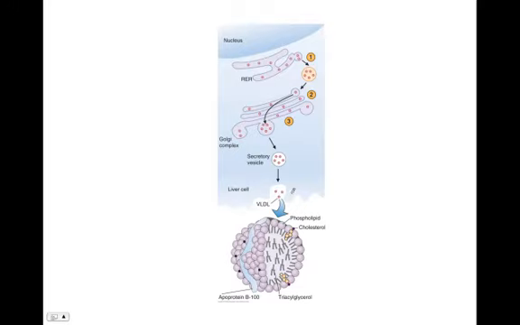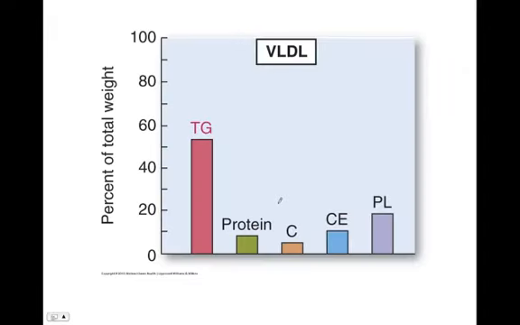These VLDL particles have a different lipid composition when you compare them to chylomicrons. So our total triacylglycerol in a VLDL particle is less than a chylomicron, and our protein contribution is elevated, as well as our cholesterol.